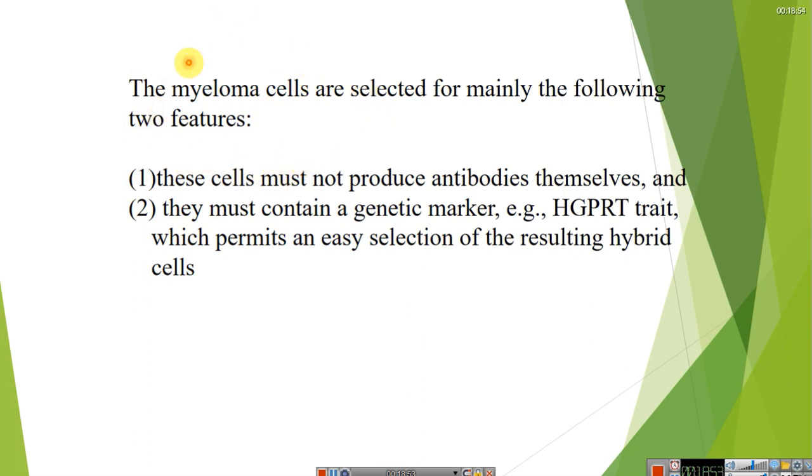Because these cells should not produce antibodies themselves, and they must contain the genetic marker, that is the HGPRT trait. So they should be HGPRT positive. They should have this enzyme that will permit the easy selection of the resulting hybrid cells.